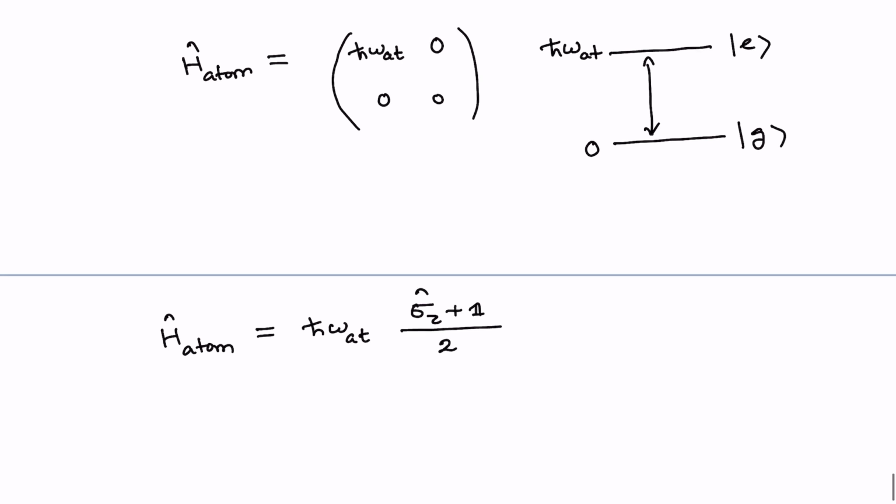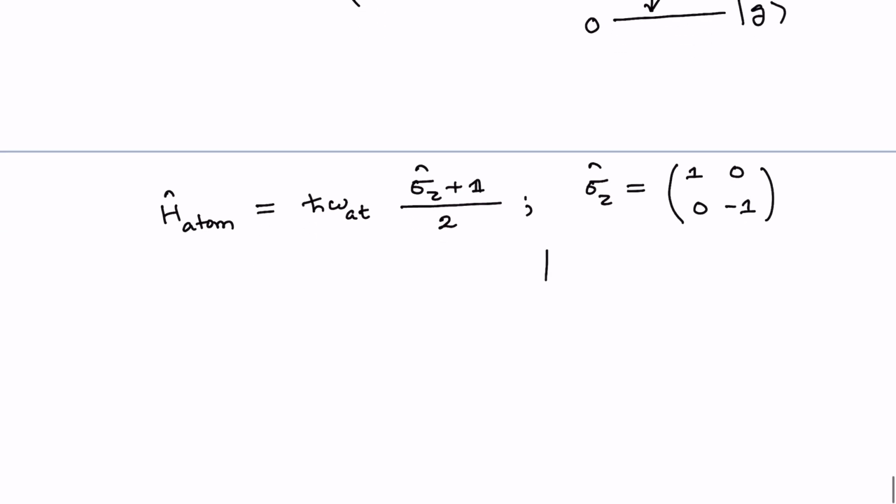So sigma z is the z component of the Pauli operator, which is 1 0 0 minus 1.